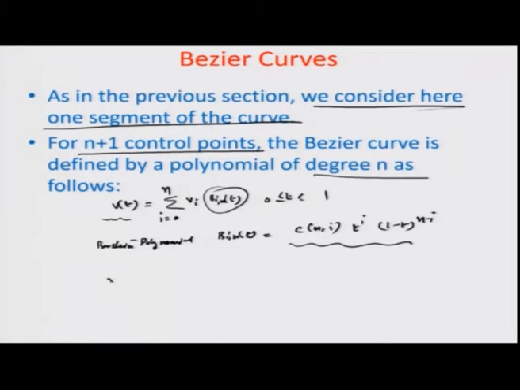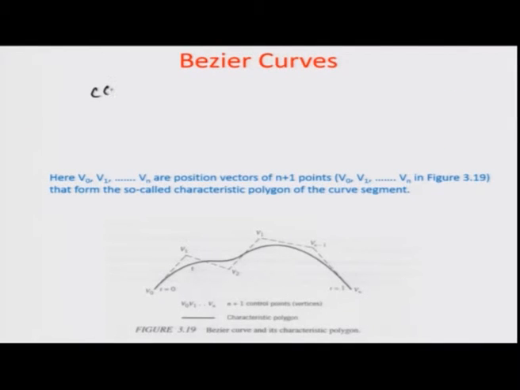So, in fact, the whole Bezier equation can be written as V_i times C(n, i) t to the power i times (1 minus t) to the power of n minus i, and there are exactly n plus 1 control points through which such a curve would move. So, we are all aware that the combination C(n, i) is further defined as factorial n divided by factorial i times factorial n minus i.